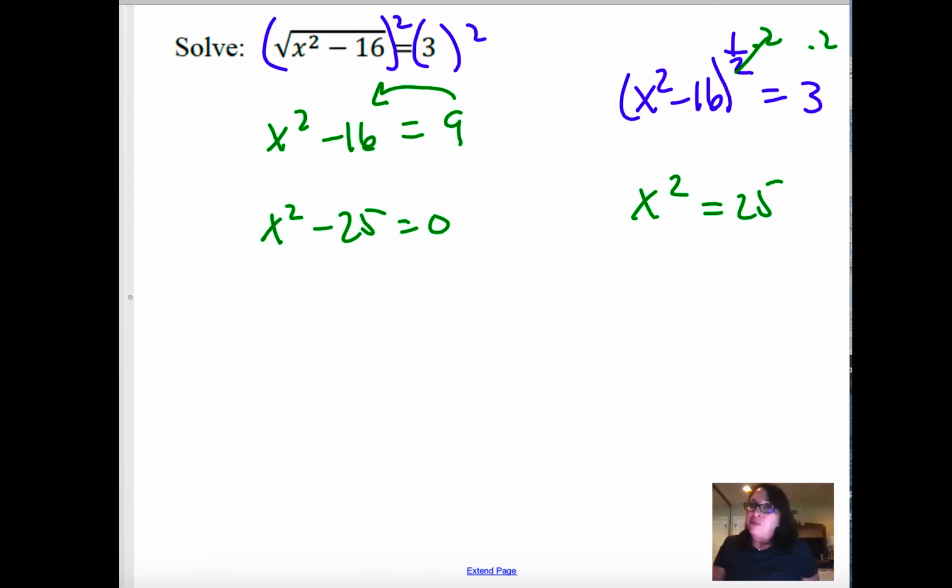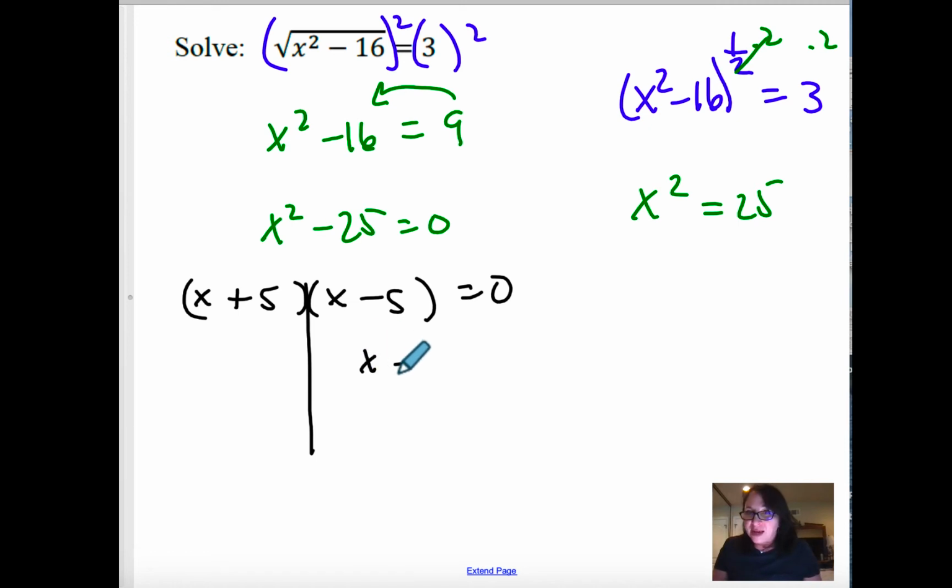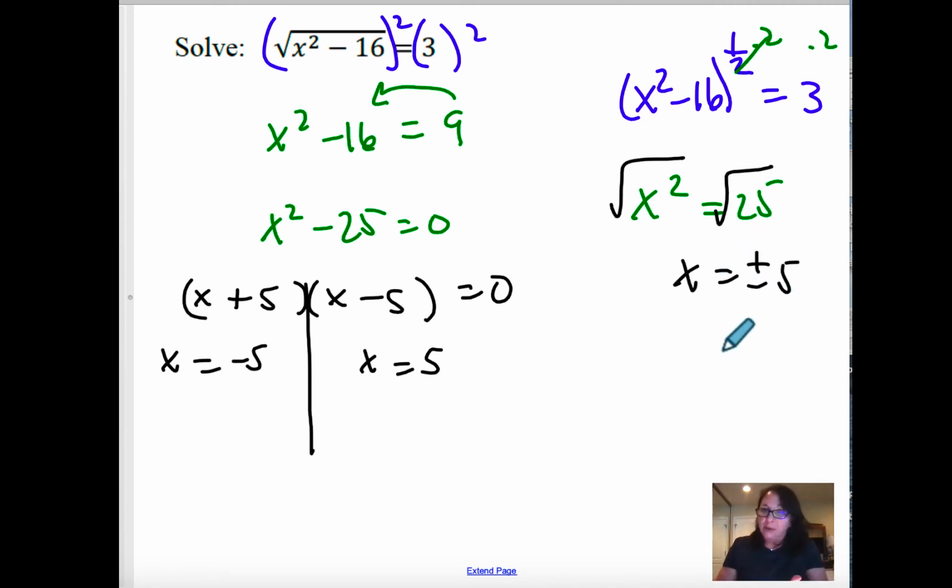And at this point, you might realize that this is a difference of two squares. Then I get x plus 5 and x minus 5. And when I split that up, two answers again: x equals 5 and x equals negative 5. Of course, if you can remember, you're going to get x equals plus or minus 5 for this kind of problem. Great.